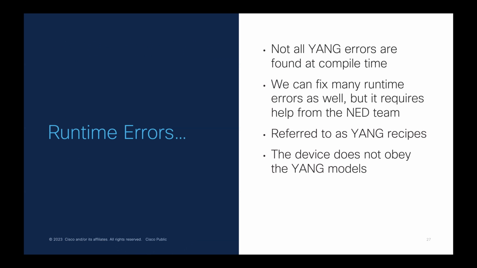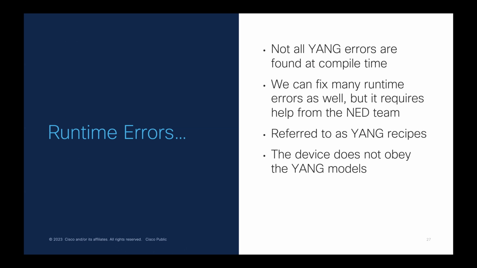Not all YANG errors are detected at build time. So in these cases, the YANG is actually syntactically correct. That means that the patch tool can't help us. And when this happens, we require custom fixes. We usually refer to them as YANG recipes.